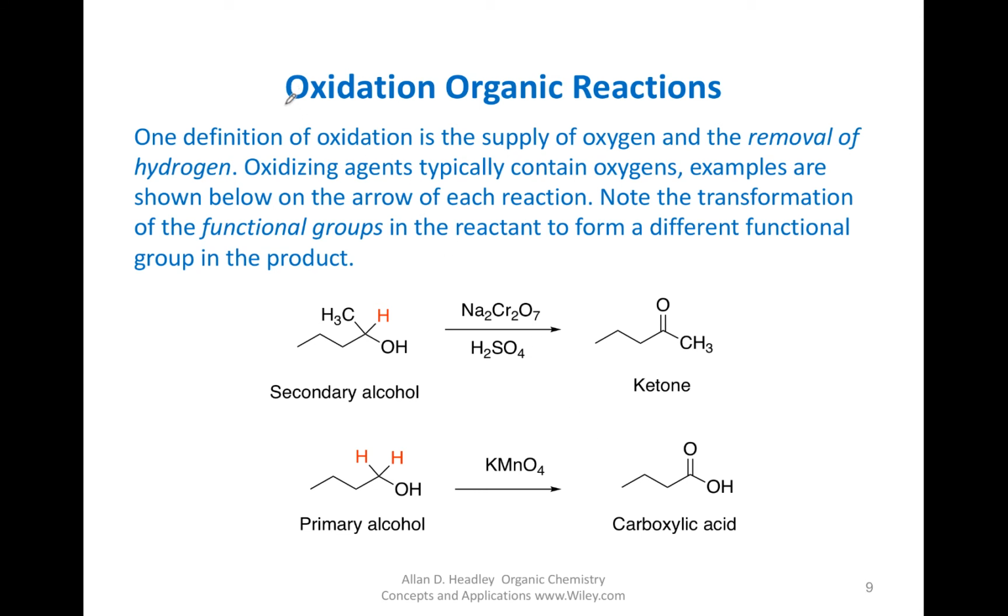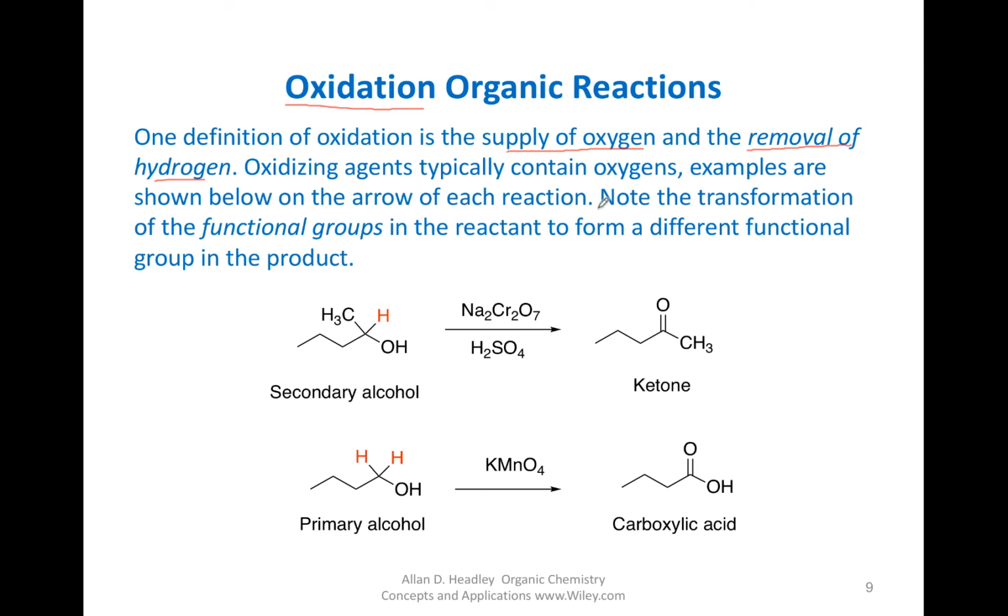Here's another reaction, oxidation. Let's define it first, and then we'll apply that concept. So oxidation is a removal of hydrogen and the supply of oxygen. By the definition that you learned in Gen Chem, the supply of oxygen is typically accompanied by the removal of hydrogen. As you can tell, it's the reverse of reduction.